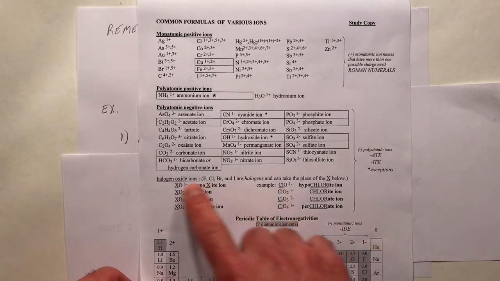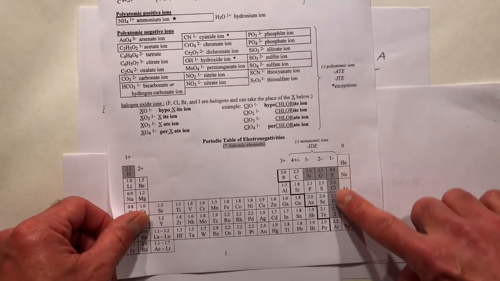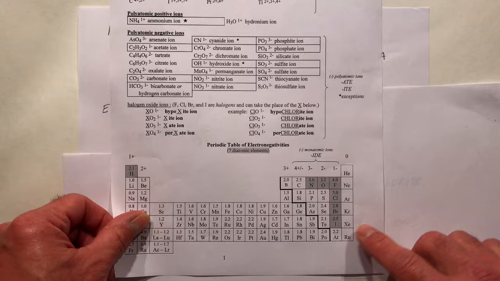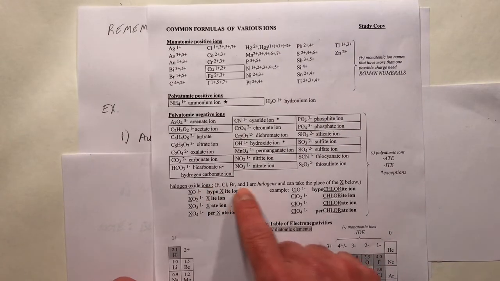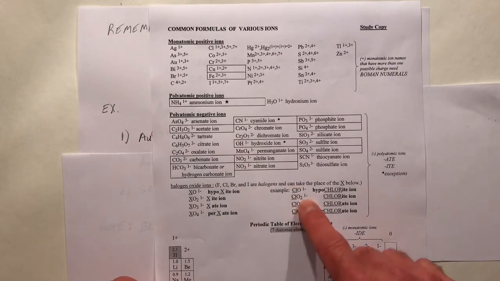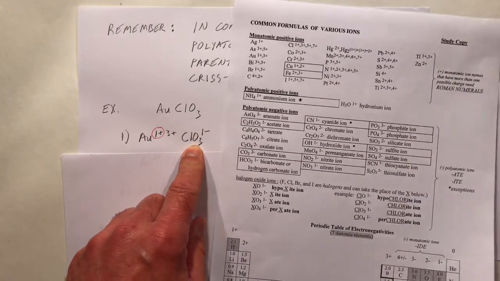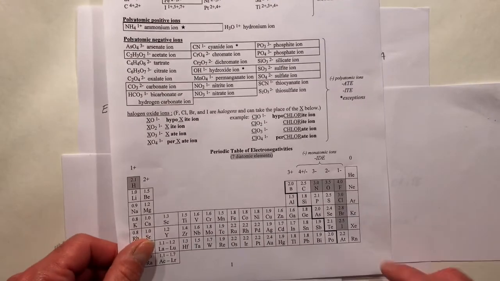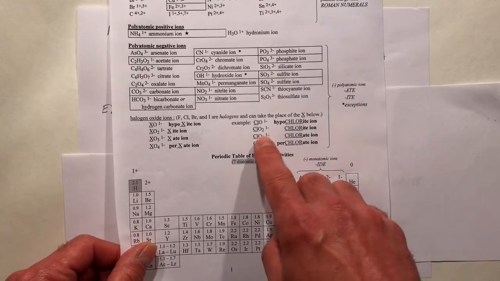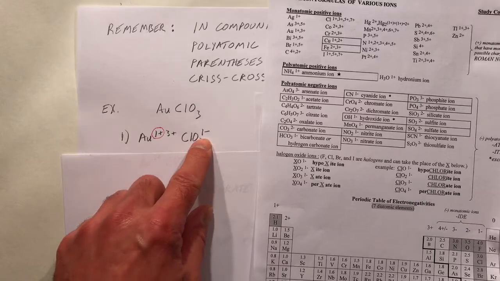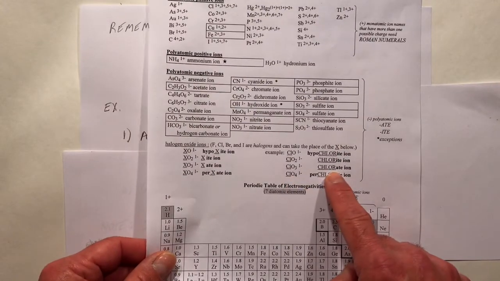All of these halogens are the group 17 elements. The common ones, fluorine, chlorine, bromine, and iodine, the ones that are not radioactive, all behave the same way. So we're just going to look at chlorine, because that's what we have here, a halogen oxide made of chlorine. Do we have this one or this one or this one or this one? Well, it looks like we have ClO3 1 minus. Looks like we have chlorate.